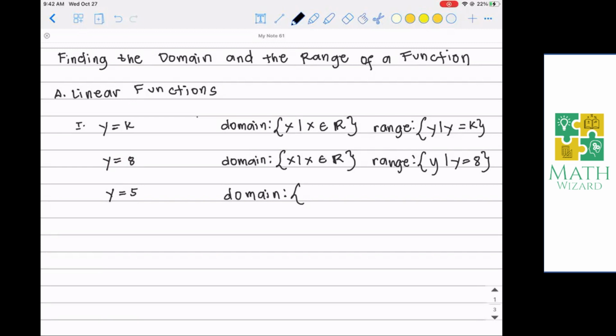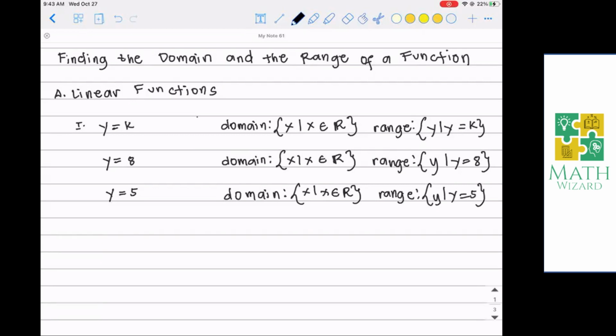If it's a linear function, automatically, ang ating domain ay all the real numbers. How about the range? What would be our range? So ang range natin, y, such that y is equal to 5. Ayan. So that would be the range of our linear functions.